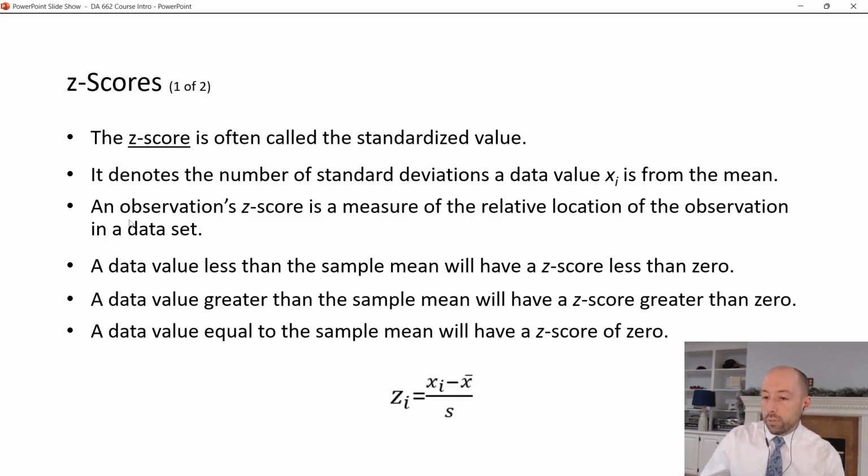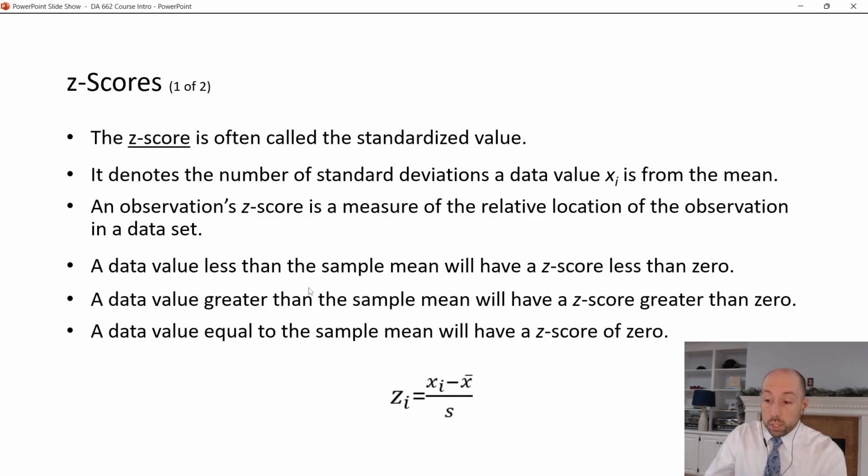Look at this. So I've got the number of standard deviations an observation is from the mean. The z-score is a measure of the relative location of the observation in a data set. Positive numbers are observations that are higher in the data set, and negative numbers are observations that are lower in the data set, specifically how many standard deviations above or below.